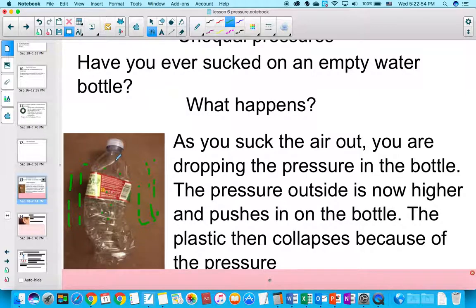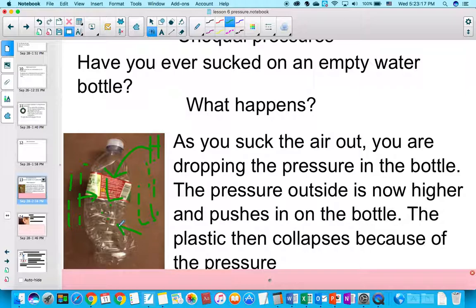So now you have this very low pressure and this very high pressure. Well, pressure likes to move from high to low. So all that air is going to push onto this water bottle. And eventually, as you suck on the empty water bottle, that pressure is so high, it collapses.